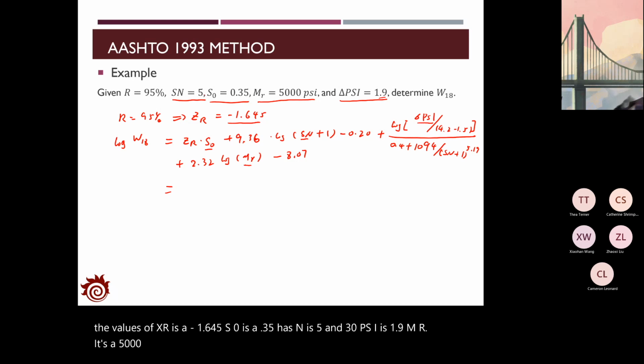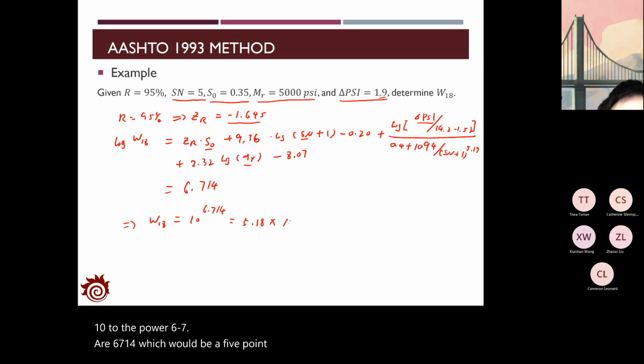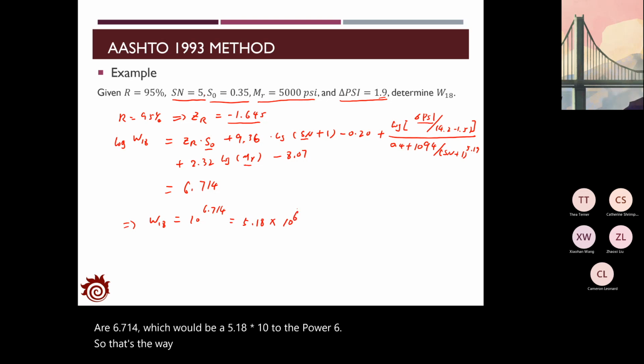So with that, you can get a value of log W18 as 6.714, and W18 will equal 10 to the power 6.714, which would be 5.18 times 10 to the power 6. So that's the way for you to calculate the W18, which would just be the ESAL for this specific example.